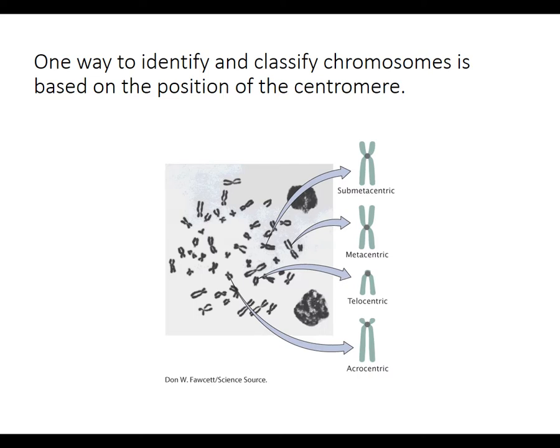Submetacentric is at the top. That's where the centromere is slightly towards one direction more than the other. Acrocentric is at the bottom. That's where the centromere is very much towards one end of the chromosome. And telocentric is where the centromere is virtually at the telomere. In humans, we do not have any telocentric chromosomes, but other organisms do. In humans, we have metacentric, submetacentric, and acrocentric chromosomes.